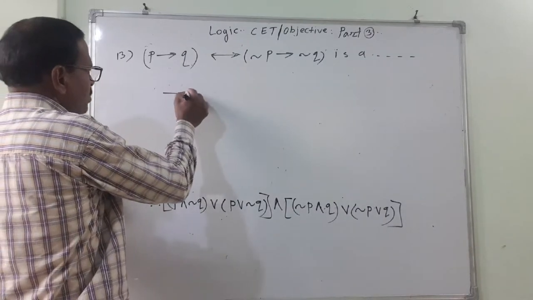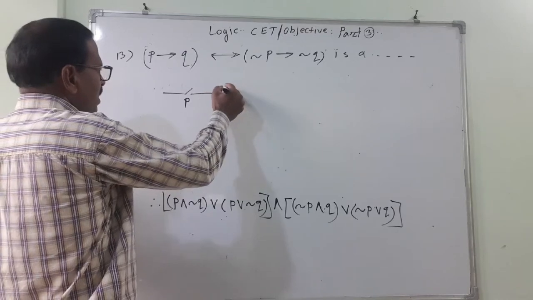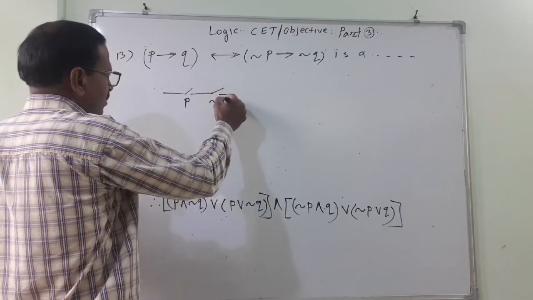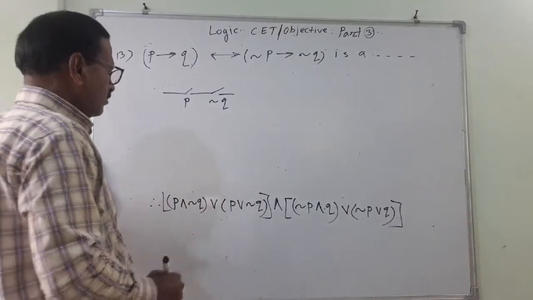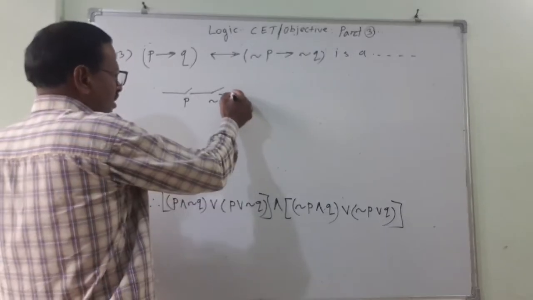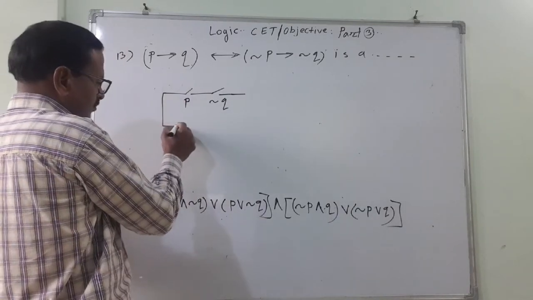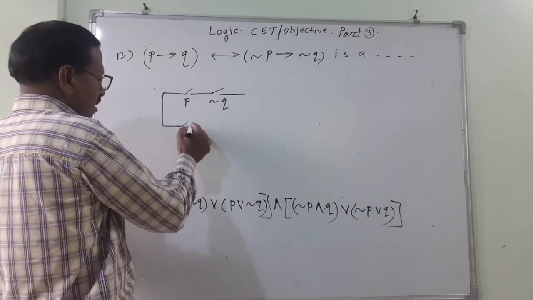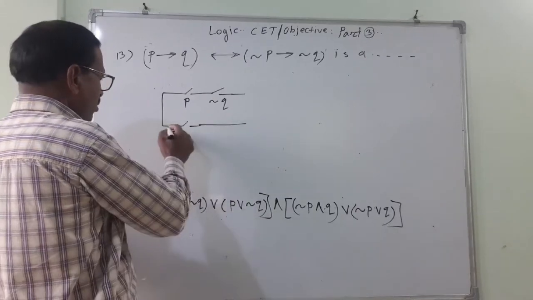This is your P switch. This is your negation Q switch. Actually we say S1, S2 like this. Now for this there is the parallel combination of this. Parallel. This is P. And for this it is OR.